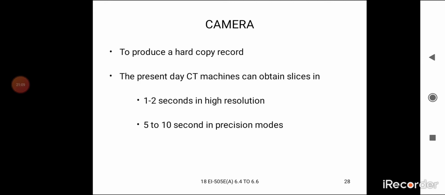Present day CT machines can obtain slices in 1 to 2 seconds in high resolution, and 5 to 10 seconds in precision modes.